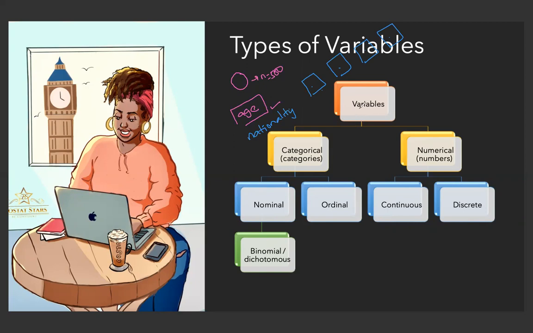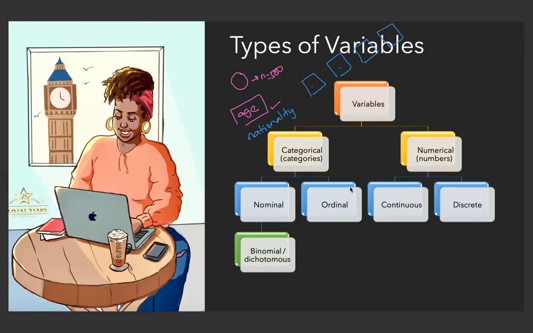So the whole point is variables can be broadly divided into these two types. Under the categorical variables, there are different categories, or different groups. We can further divide the categorical variables into two types: nominal categorical variable and ordinal categorical variable.